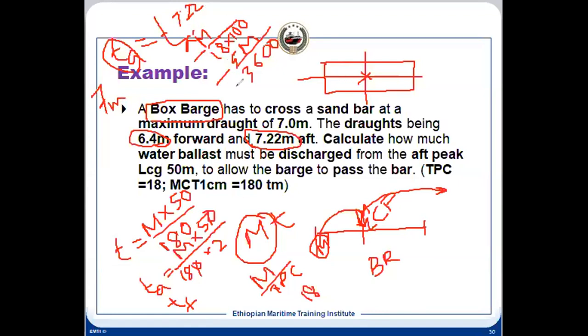So now we have one equation, one unknown, so we can calculate M from this equation. If you calculate, you will get a value of M of 113.1 ton.